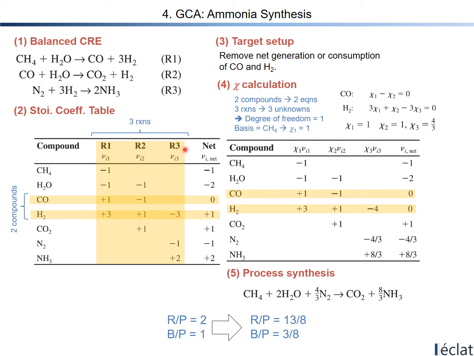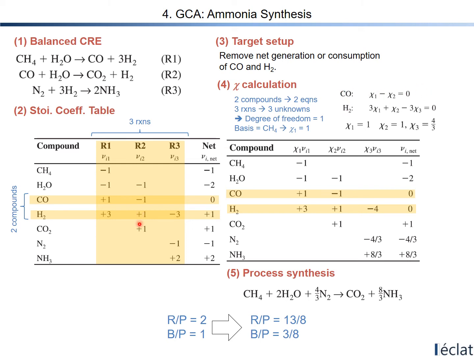Then let's go to step 4, Chi calculation. For carbon monoxide, Chi1 minus Chi2 should be 0. Actually it is already 0, but after the weight factor is applied to reaction 1, reaction 2 and reaction 3, this value cannot be 0. So you should add the equation for the carbon monoxide.